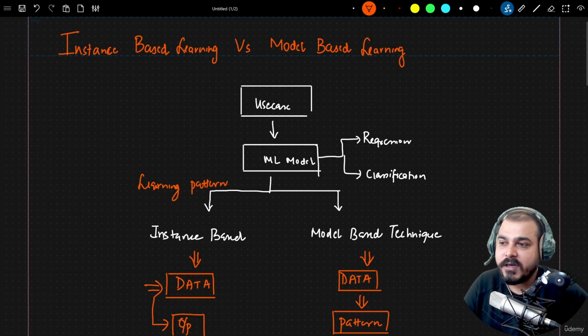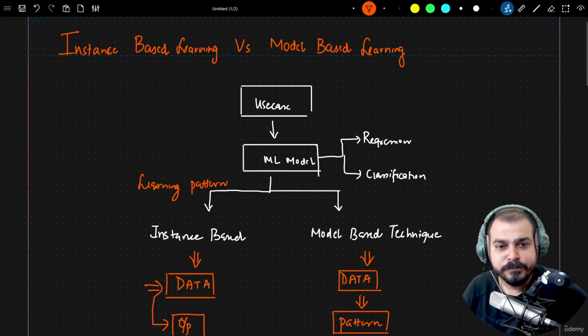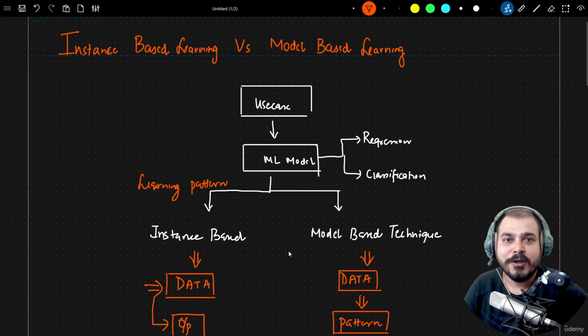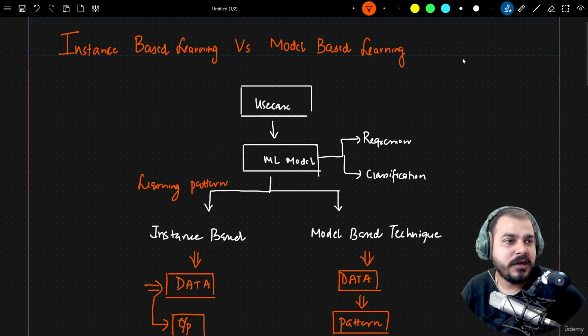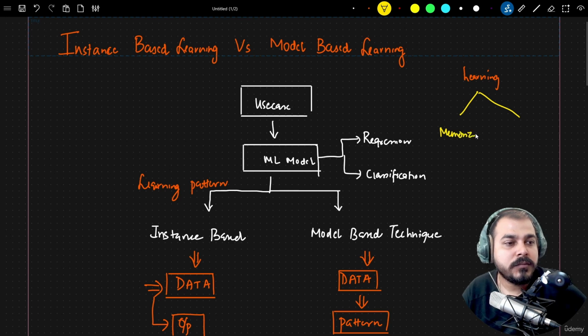I hope you have understood the basic differences between instance-based learning and model-based learning. In instance-based learning, you are just learning from the data; you're just memorizing the data. Here I want to make one point: the learning of the model usually happens in two ways. One is memorizing, one is generalizing.